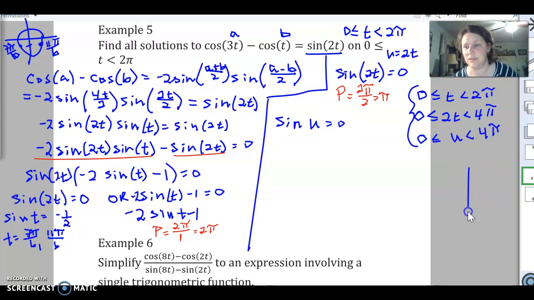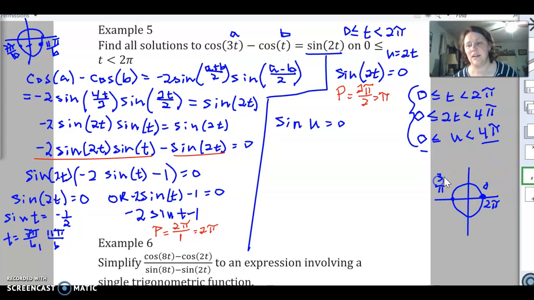Let's write another unit circle over here. Sine is our y values on our unit circle. They're going to equal 0 here and here. Well, we want all solutions between 0 and 4 pi, so we have to go around twice. So our first one is going to be 0. Sine of pi would also be 0. This would be 2 pi. Sine of 2 pi would also be 0.